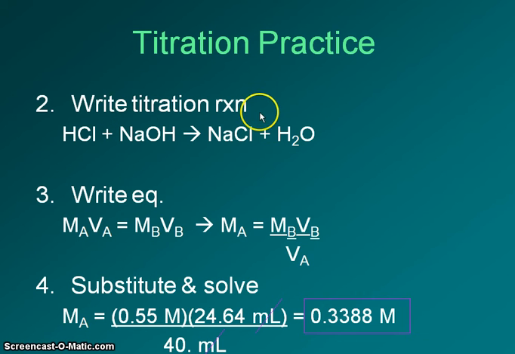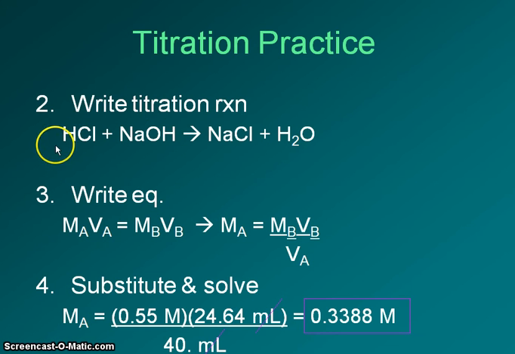So we're going to write out our titration reaction first. Okay, we need to find out the mole ratios. Now for this one, HCl plus NaOH, any titration reaction is going to give us a salt and water. Not just sodium chloride salt. Remember, salt is an ionic compound. This one gives us NaCl, it's just a double displacement, and then the hydrogen combines with hydroxide to make water.